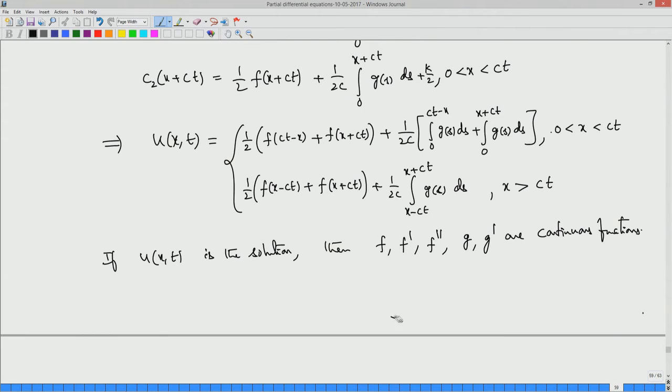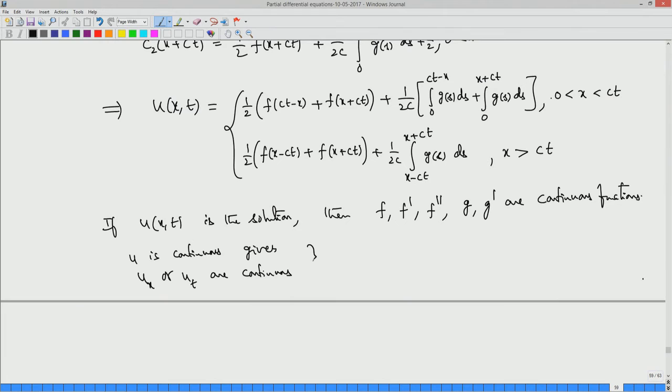Okay. And immediately by making use of continuity, u is continuous, u x or u t are continuous. If these are all continuous, in fact u xx, u tt also, they will give you finally f dash of 0 is 0 and g dash of 0 is 0.